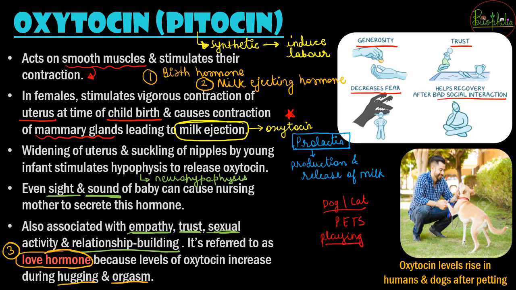So once you are playing with your pets, or with young kids, there will be release of oxytocin, and because it is a love hormone, you will be feeling much more loved, much more energetic, you will have more trust in people, and in all you will be having good social interactions. So for that reason also, playing with dogs or pets at your home is going to help you maintain your social status as well.